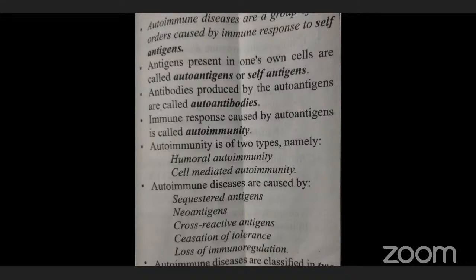Based on the immune response, there are antibody mediated autoimmune diseases. Autoimmune diseases are classified into so many types. Before entering the types of autoimmune diseases, we should know some important characteristics of autoimmune diseases.